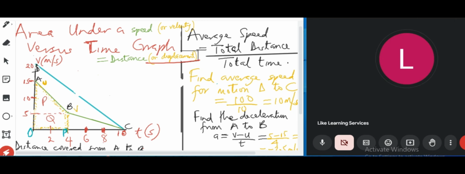Of course, that difference should be recognized at higher levels. But at this level, we can just confine our discussion to speed and distance. So for a speed against time graph, the area under the graph is distance. All right, we need to take note of that.